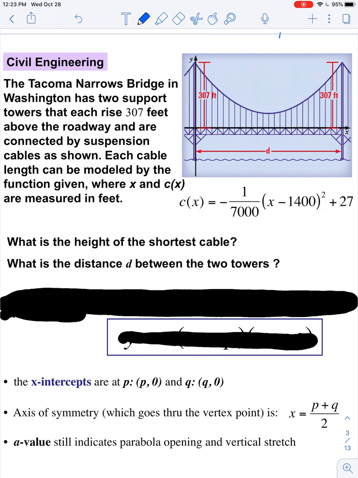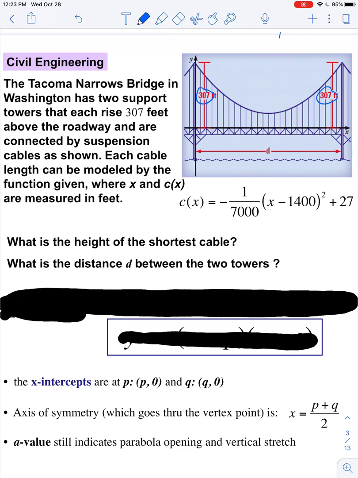The Tacoma Narrows Bridge in Washington has 2 supported towers, each rise 307 feet. So you see that in the markings above the roadway and are connected by suspension cables as shown. Each cable length can be modeled by the function given where x and c of x are measured in feet. So what are we getting at here?